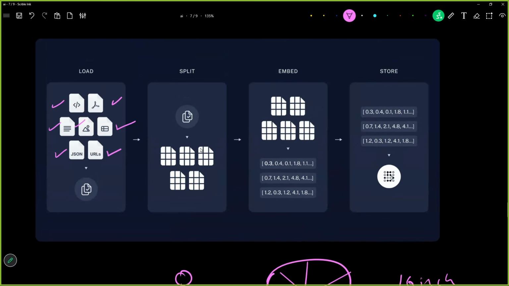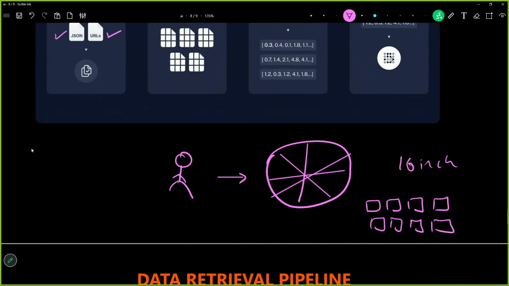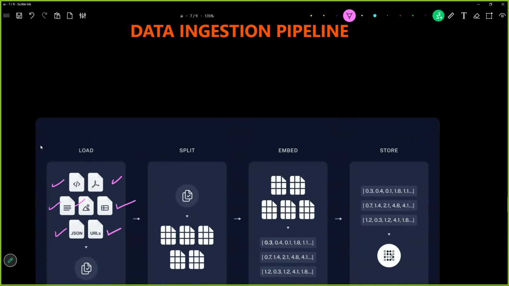Similarly, we don't want to give the large language models the entire pizza or the entire data at once. Why? Because all of the large language models come with something called a context window. Now we understand what context is, but context is the information which our large language model needs to give a better response with respect to our data.